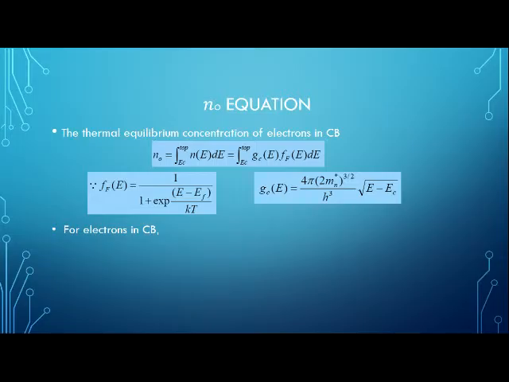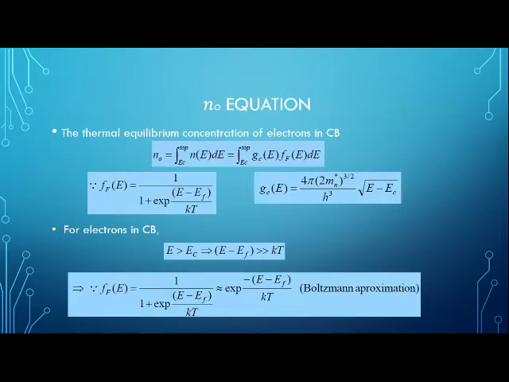So we use f(E) = 1/(1 + exp((E − EF)/kT)). For electrons in the conduction band, E is greater than EC, which implies E − EF is greater than kT. The distribution function becomes exp(−(E − EF)/kT).